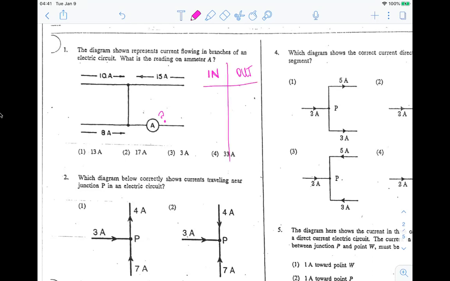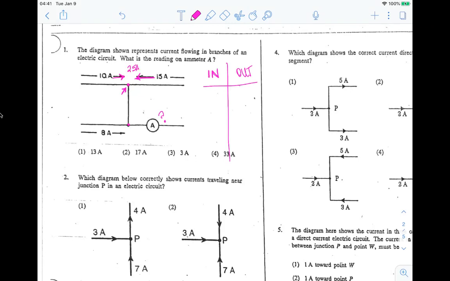You actually have 2 junctions that we need to worry about. At the top one, we have 10 amperes flowing into this junction. We also have 15 amperes flowing into this junction. That gives us a total of 25 amperes.